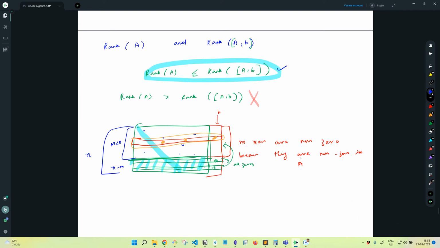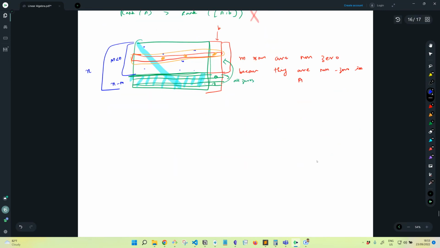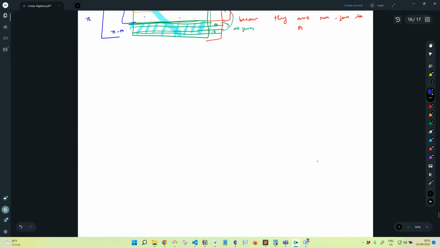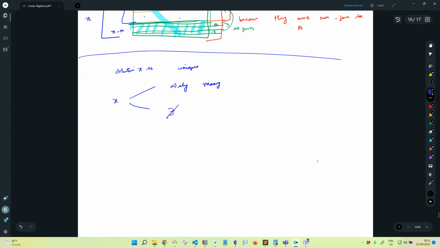So basically, this inequality is always true, right? Now, let me summarize the story so far. We know the condition when the solution x is unique. Now we need to find out when the solution x is infinitely many, and when there exists no solution.